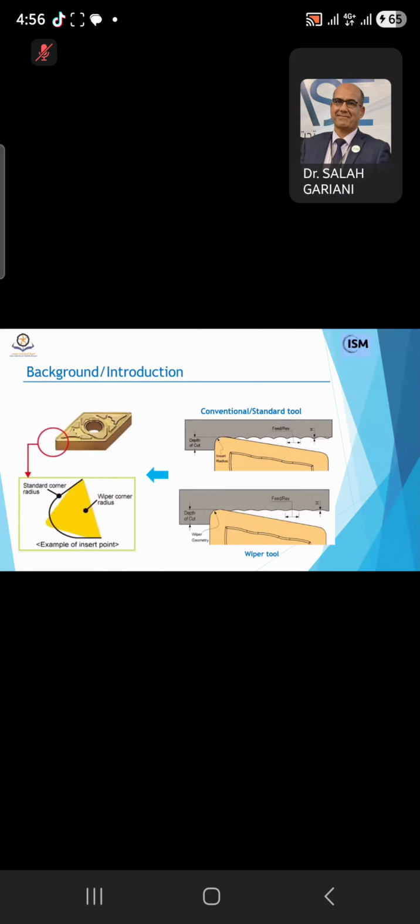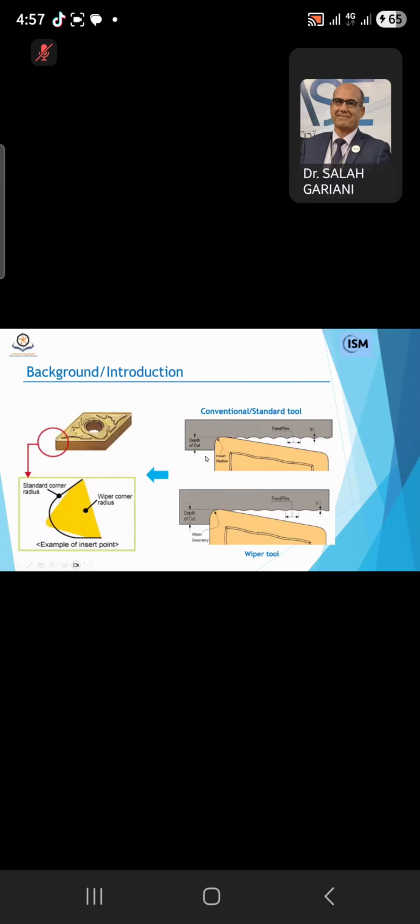Unlike the conventional tool, which is very common in single-tool machining operations, the wiper tool, shown in the lower pictures, has attracted close attention as a good alternative to conventional cutting tools due to its unique nose geometry.